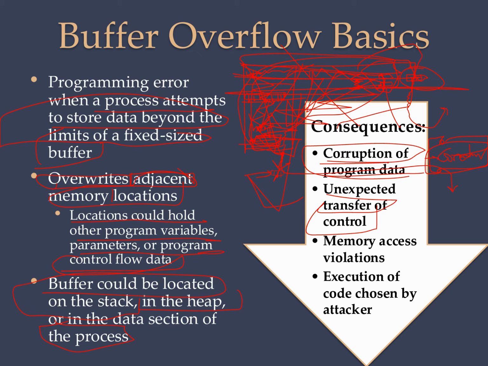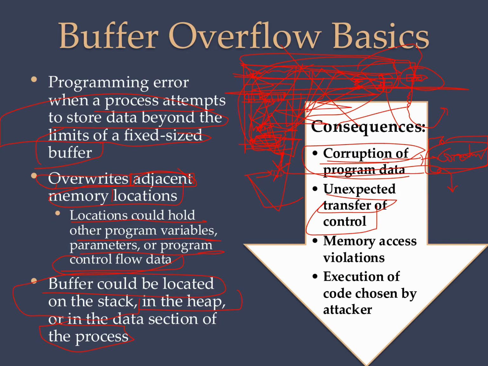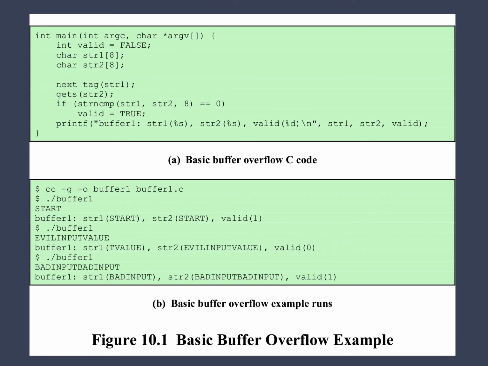If the debug symbols are enabled as well, then you can trace the source code with this program core dump and find the actual memory representation of the program and find the actual error in the memory or in the program. So this execution of the code is chosen by the attacker.